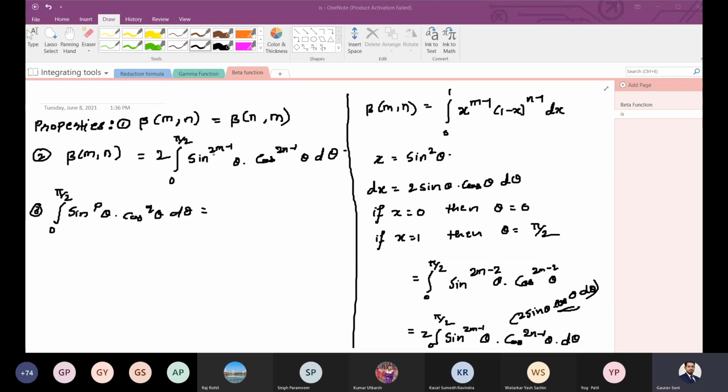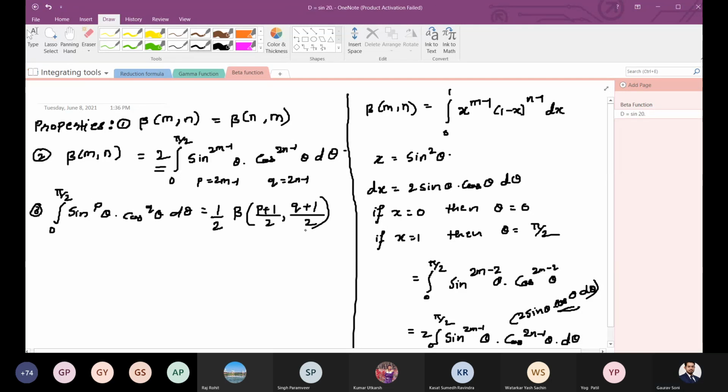So the idea is we put p is equal to 2m minus 1 and q is equal to 2n minus 1. But there is this 2 outside which is multiplied, which you didn't adjust. So 1 by 2 beta of p plus 1 divided by 2 comma q plus 1 divided by 2.